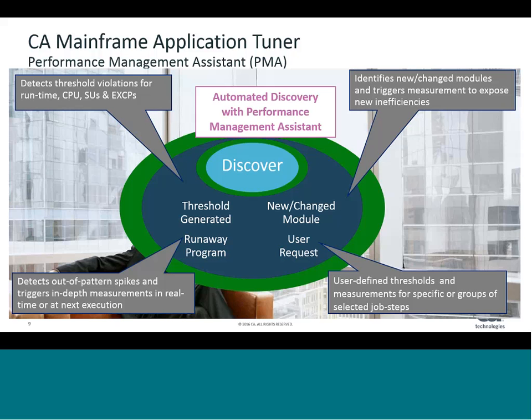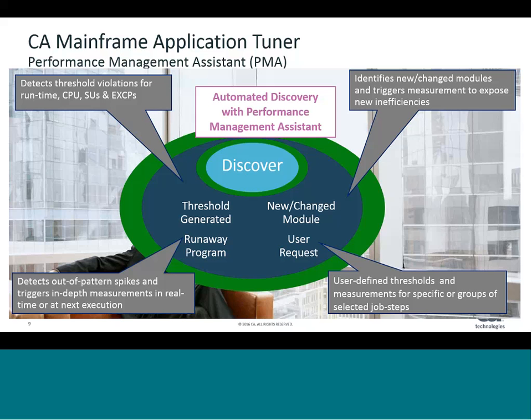It compares that baseline to the current consumption values, looking for any of those performance anomalies. Within the PMA product, it's not only automated, but you can also specify specific jobs, transactions, workloads or applications that you want to include in PMA.